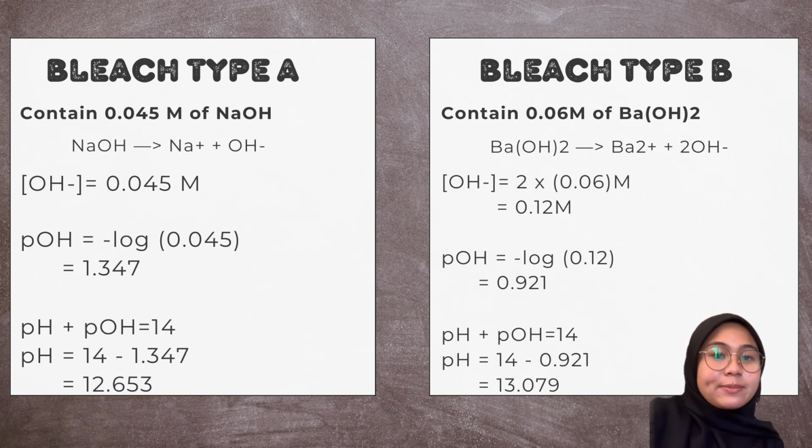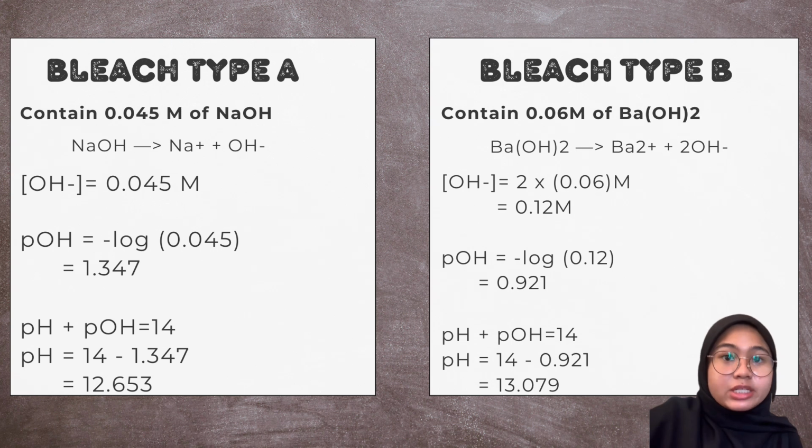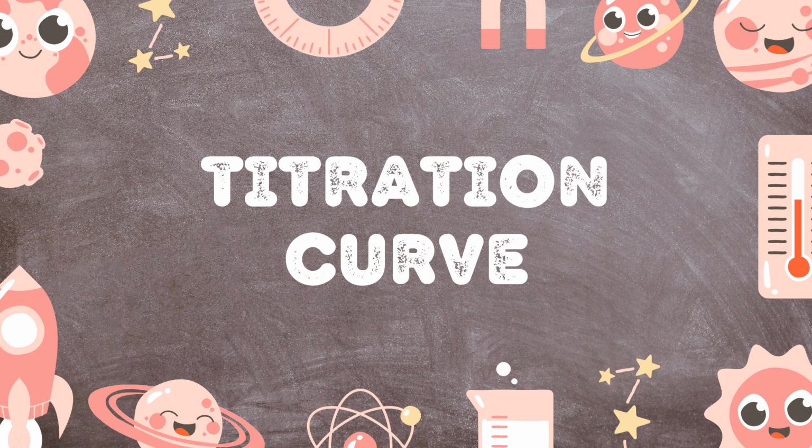So next, we find the pH value, which is pH plus with POH equal to 14. pH equal to 14 minus with 0.921, we will get 13.079. So between these two bleach B have a greater pH value than bleach A. This is because, based on the pH scale, bleach B is more alkaline than bleach A.